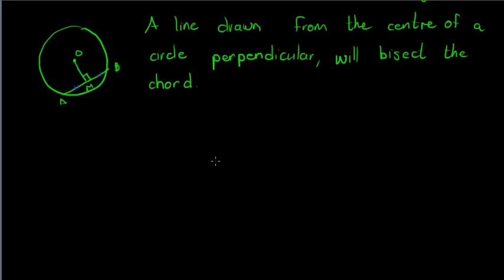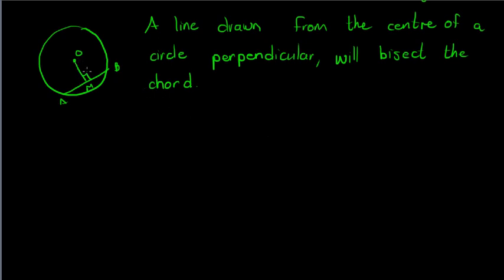Can you see how we're saying it in a different way? Does that make sense? Okay, but this time we don't know that AM is equal to MB. That's the conclusion. In the previous one, it was given that AM is equal to MB, and the conclusion was it's perpendicular.